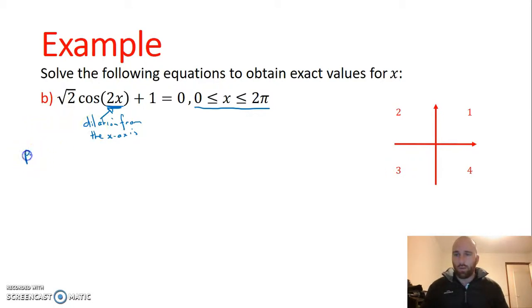So I'm going to find my period. My period is 2 pi over n, which in this case is 2 pi over 2, which is pi. So that means my period is pi. If I've got this over the domain of 2 pi though, I'm actually going to get more answers. In the previous example before, we only had 2 answers.